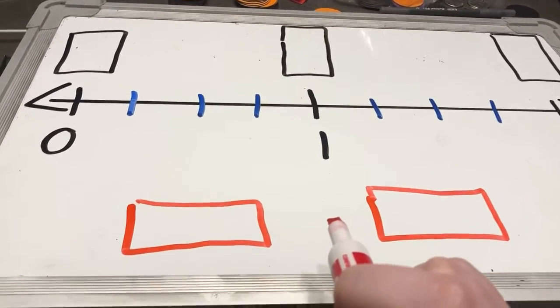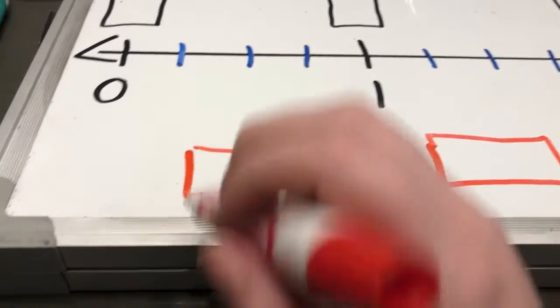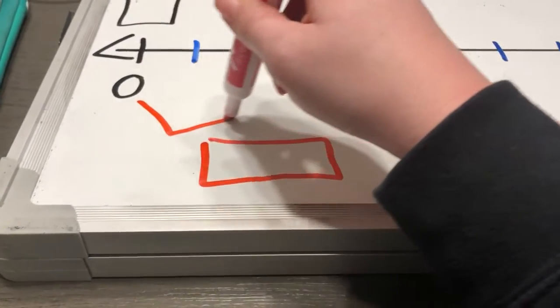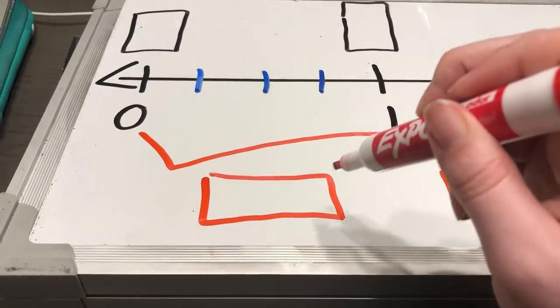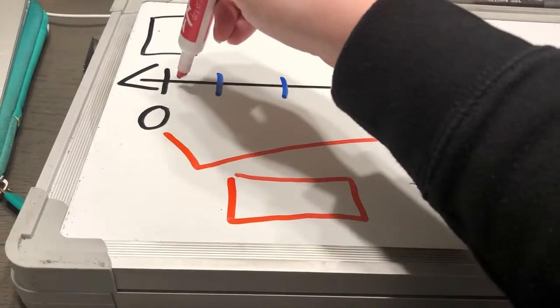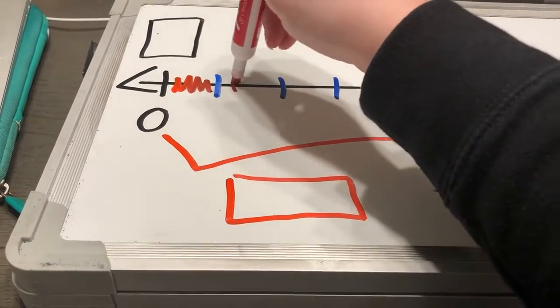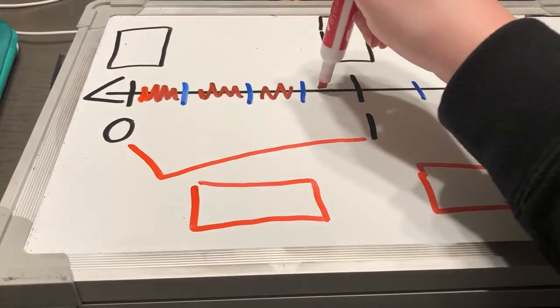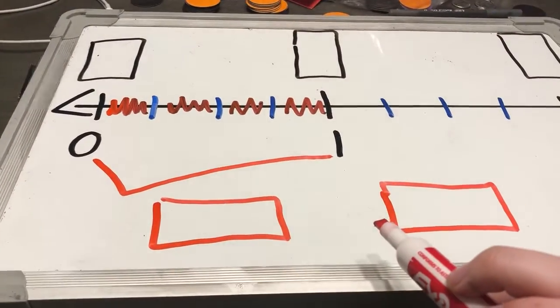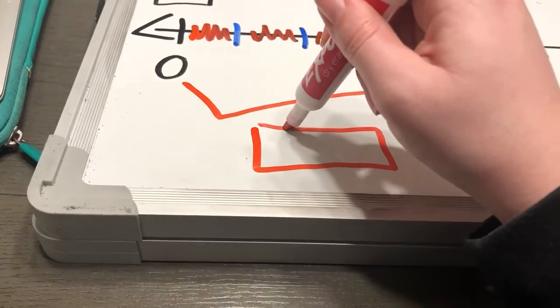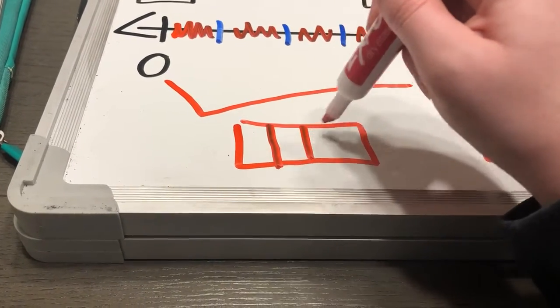Now let's count how many parts are in our first whole. Our first whole is from 0 to 1. So let's count how many parts we have. 1, 2, 3, 4. We have 4 parts. So I'm going to split my rectangle into 4 parts.